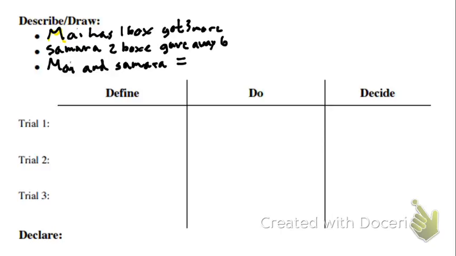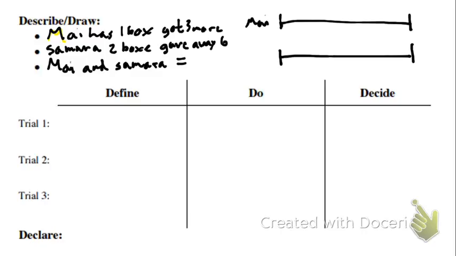Now one thing I could do over here for my picture, I'm going to have two lines. Now we know they're both going to end up being exactly the same. So I could call this one Mai, and this one's going to be Samara.